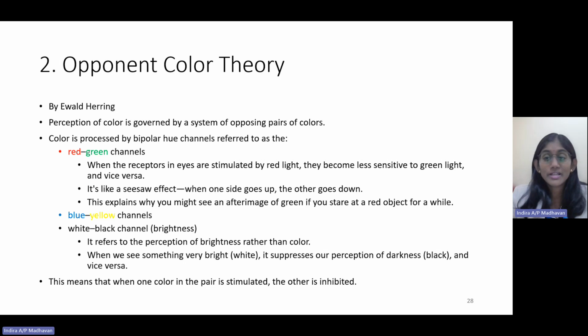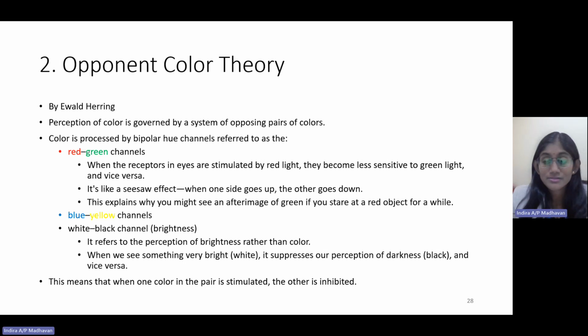Ewald Hering explained that because that cone contains red and green channels, when the red gets deactivated as you shift, at one point of time they will be at the same level. That's the time that you will have an after image of green color.